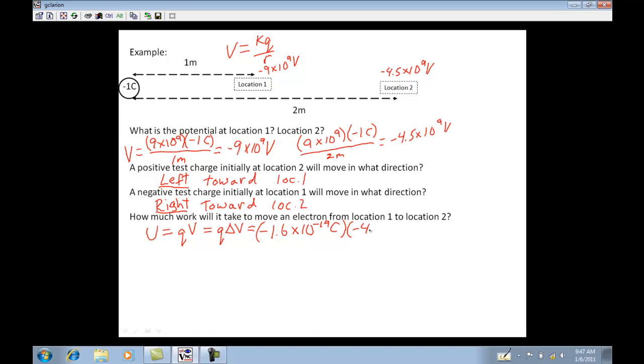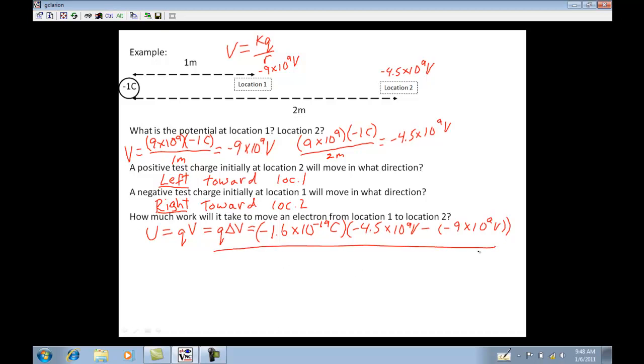Negative 4.5 times 10 to the 9th volts. And I'm going to subtract a negative 9 times 10 to the 9th volts. I gotta do a double parentheses there. I won't calculate that out, but that's how it would be solved.